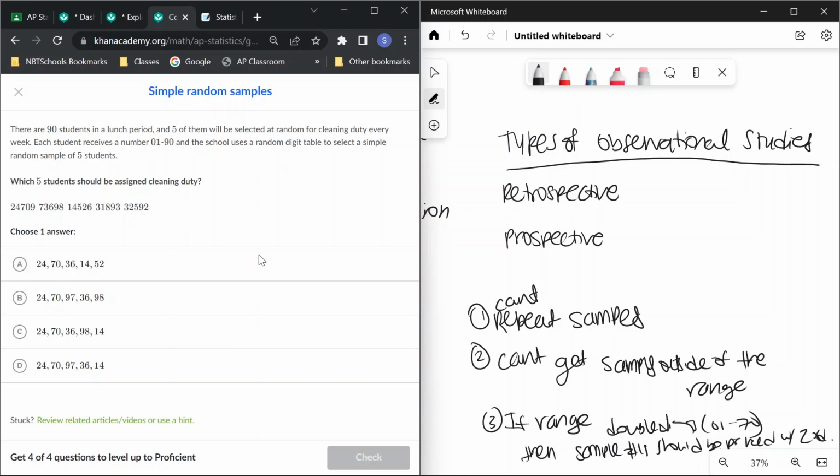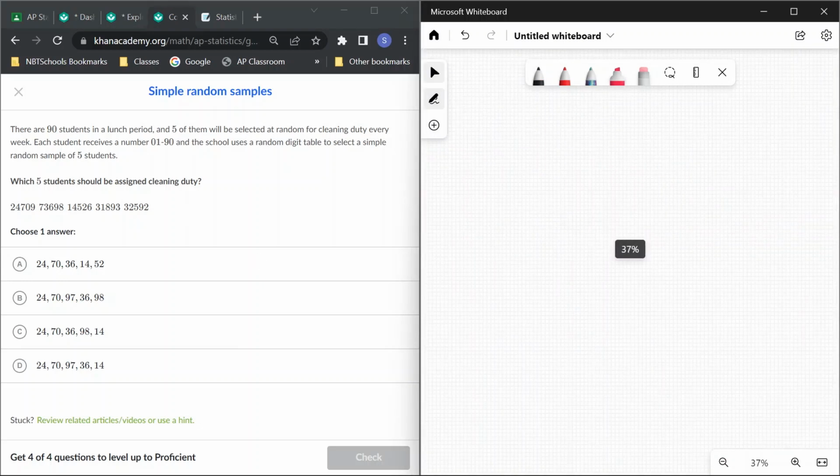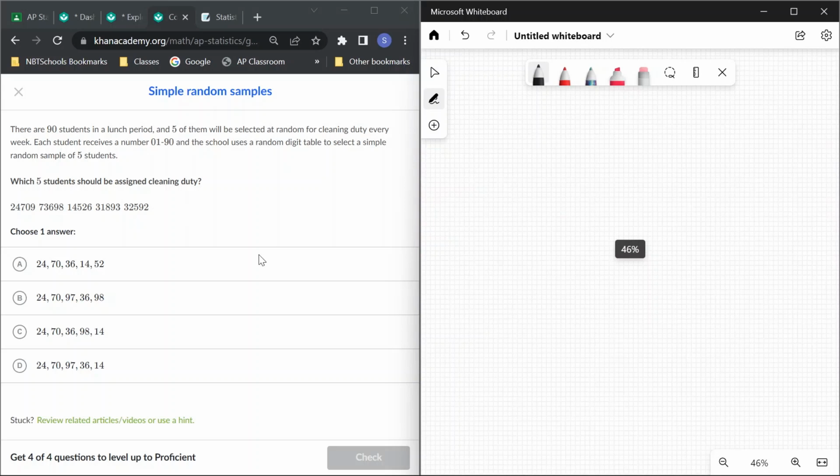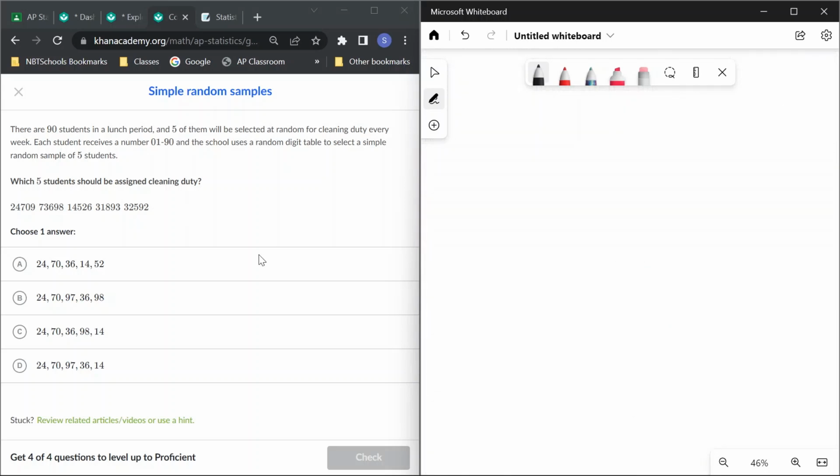There are 90 students in a lunch period, and 5 of them will be selected at random for cleaning duty every week. Each student receives a number from 01 to 90. So we have 24, 70, and 97, which we can't use because it's outside of the range.